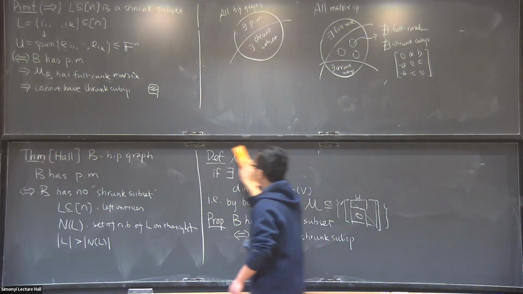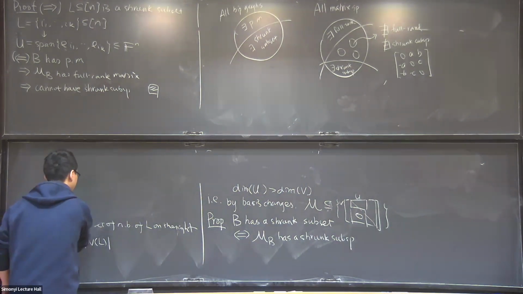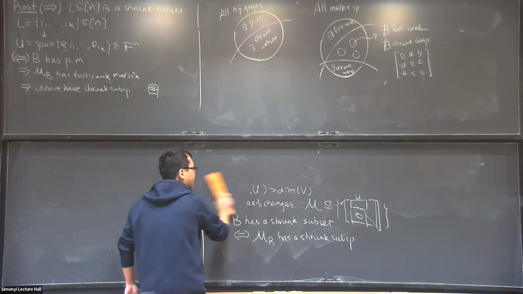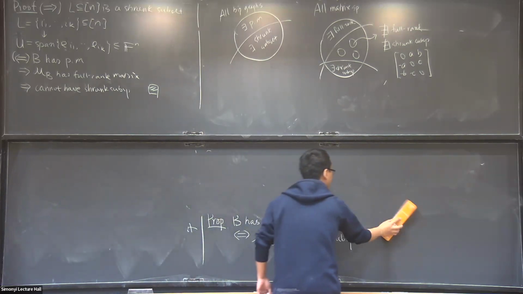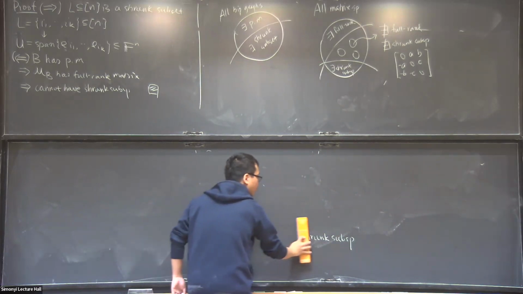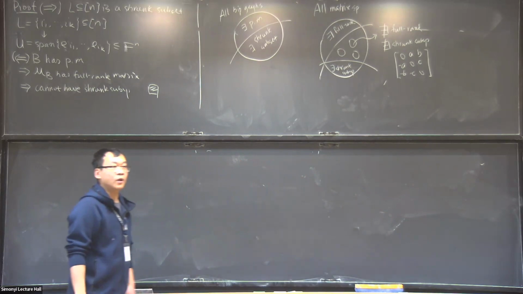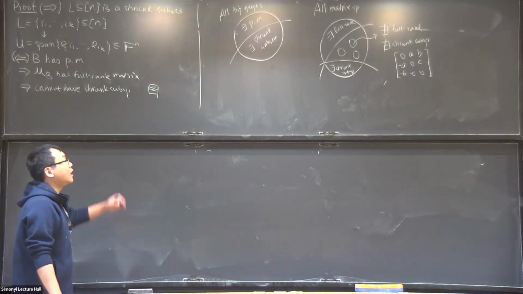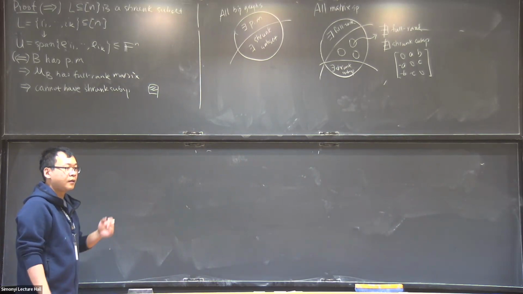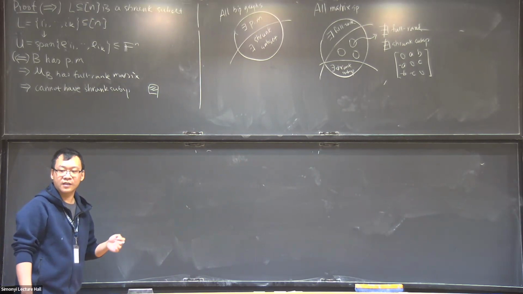Okay, so again, we are going to repeat the story. We saw that in the matrix space setting, we have this connection between perfect matchings and full rank matrices. Then we look at the general matrix space case, and we want to know whether a general matrix space contains a full rank matrix or not. Now we can repeat this pattern, and ask, given a general matrix space, does it admit a strong subspace or not?